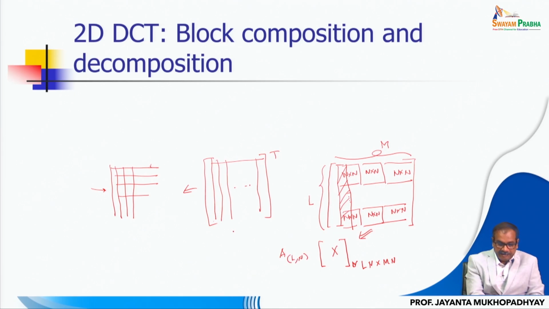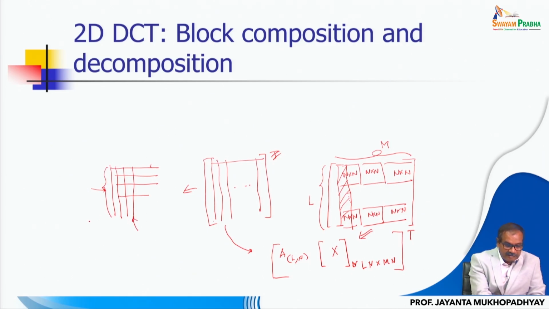This will give me this one without transposition, but then I have to make a transposition of this. After transposition, I will get these columns, and now this length is Mn, and the other direction is of course Ln, because you have transposed it.